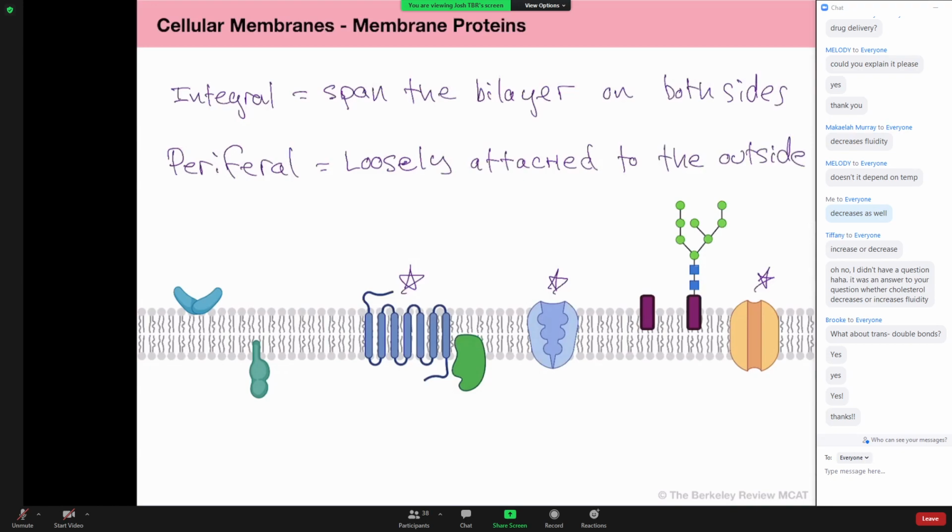So maybe we'll make this green. This will be a peripheral membrane protein. And then there's glycolipids and glycoproteins. We talked about this earlier.